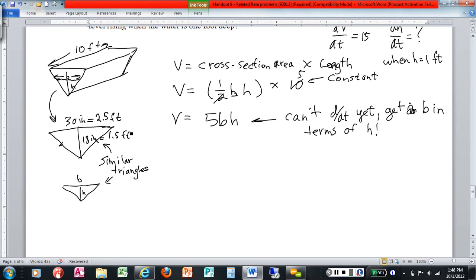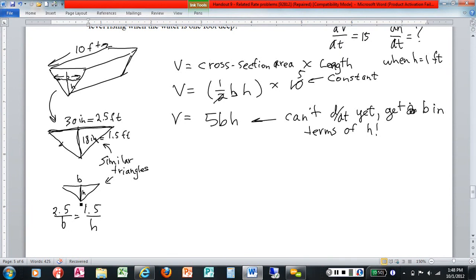This side here, which is 2.5, is to B as this, which is 18 inches or 1.5, is to H. Can I say that about similar triangles? Yeah, their sides are in proportion. So 2.5 to B is as 1.5 is to H.